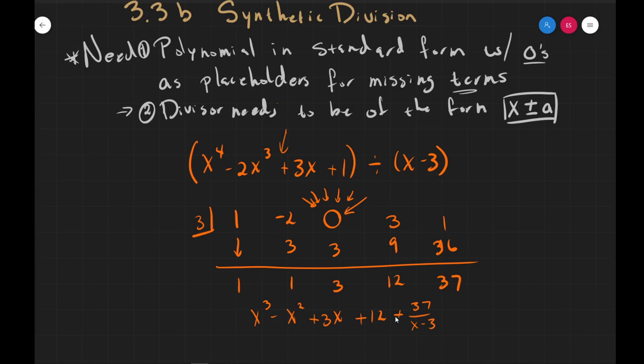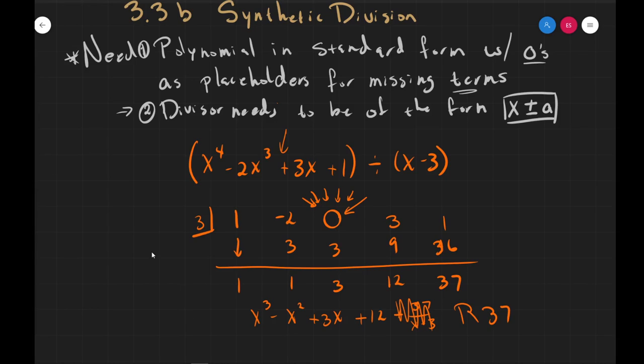That's what your book says. That is technically not incorrect. But I would really prefer if you rewrite it as remainder 37. And we're going to go into why here in a little bit. So this should be your answer: x cubed minus x squared plus 3x plus 12, remainder 37. All right, so I'm going to give you some practice on that in your homework.